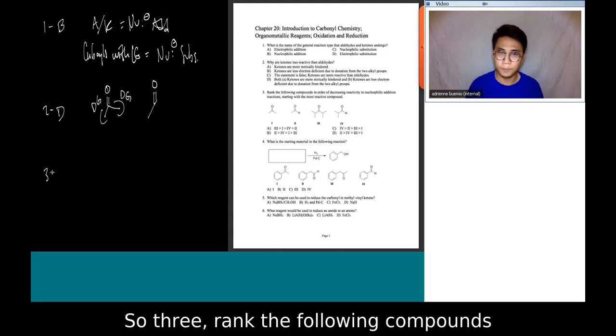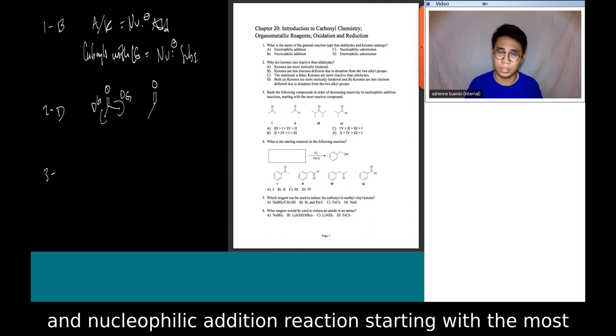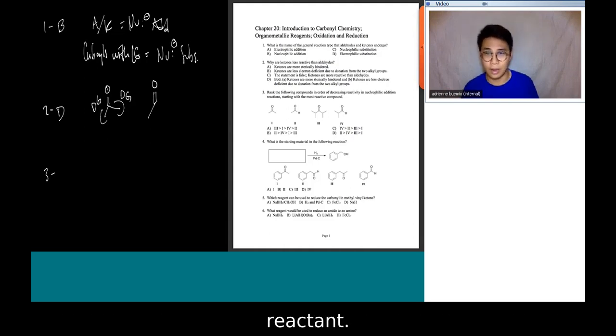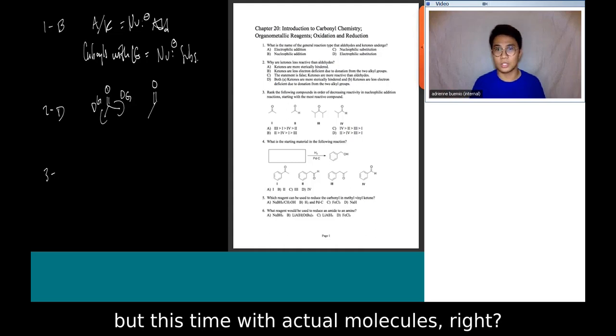For 3, rank the following compounds in order of decreasing reactivity in a nucleophilic addition reaction, starting with the most reactive. We just kind of answered that with 2, but this time with actual molecules.